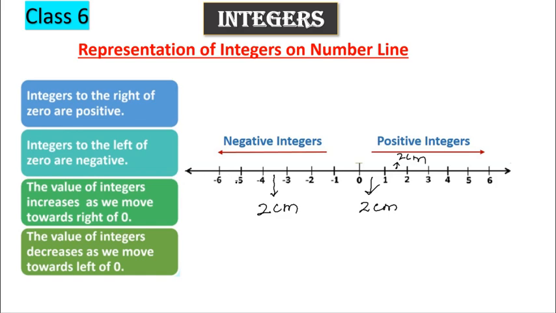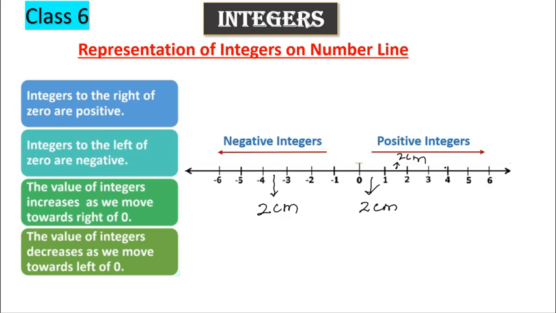The line can be extended infinitely. All the positive numbers are towards the right side of 0. All the negative numbers are towards the left side of 0.